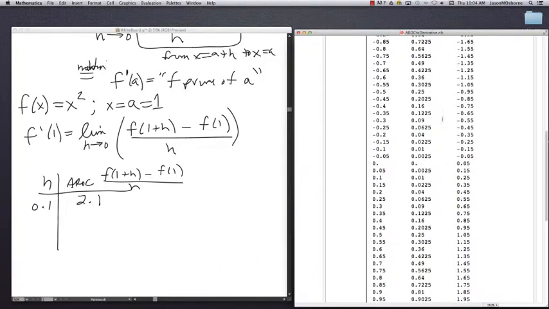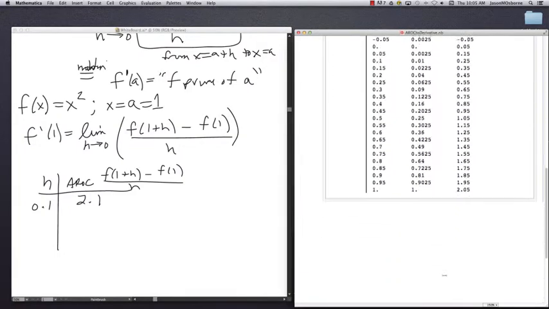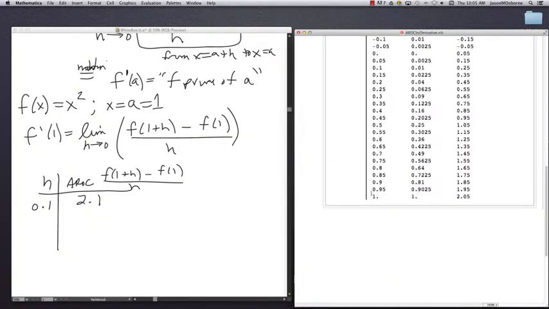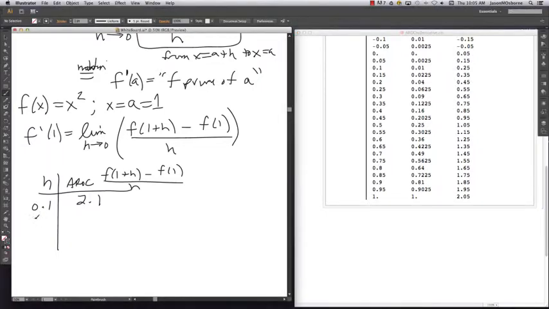I think what we can see is that at the next value, 1.05, so when we're about 0.05 for our value of h, it looks like our average rate of change is going to be close to 2.